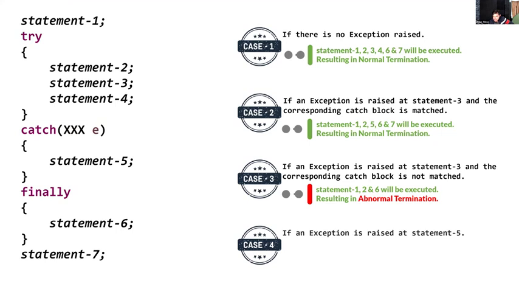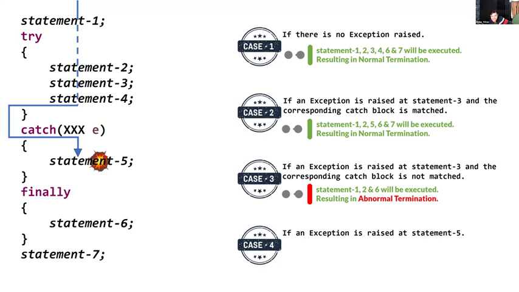Great. Last statement. If an exception is raised at statement number 5, what happens here? Guys, any statement in the try and catch, only catch can handle. What if there is an exception inside the catch block itself?